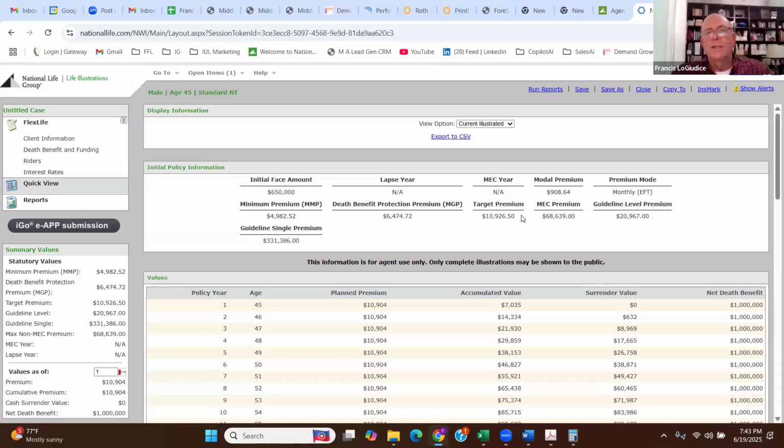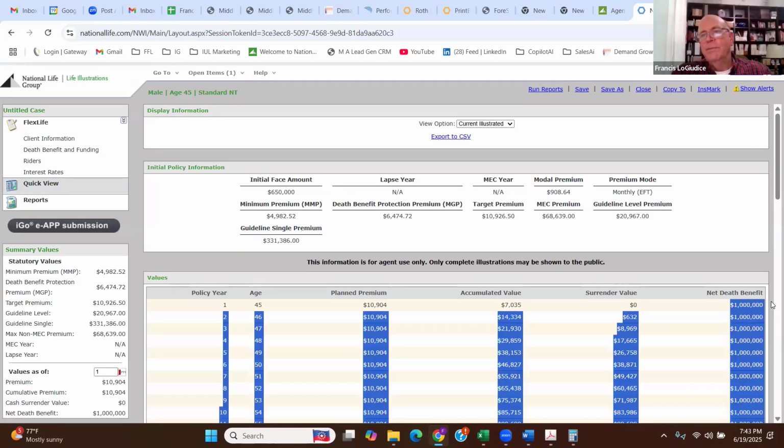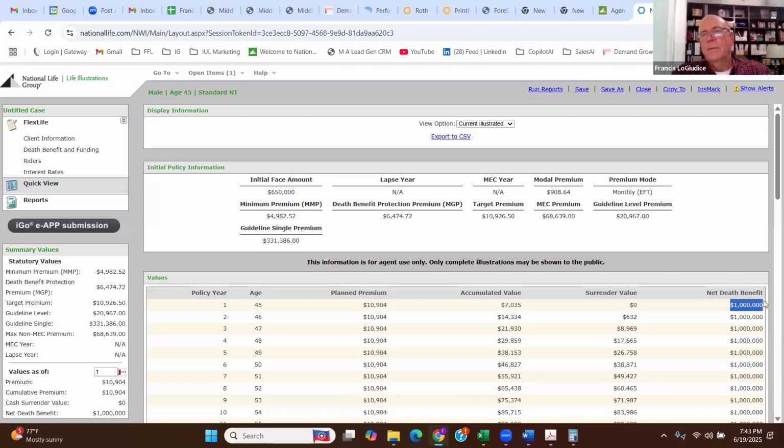So protection focus, interesting. That splits it two-thirds life insurance, one-third additional insurance coverage. So up here, this initial face amount is 650, but it adds an additional to equal a $1 million death benefit. So that's the protection focus.